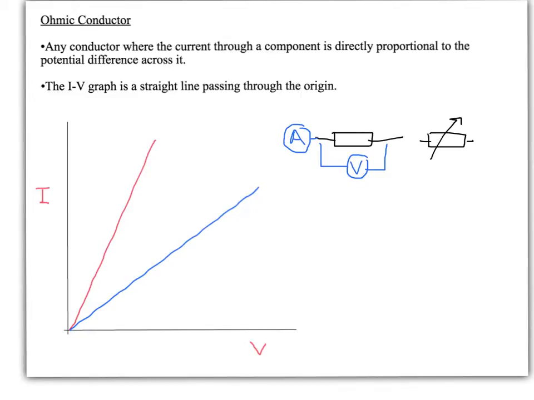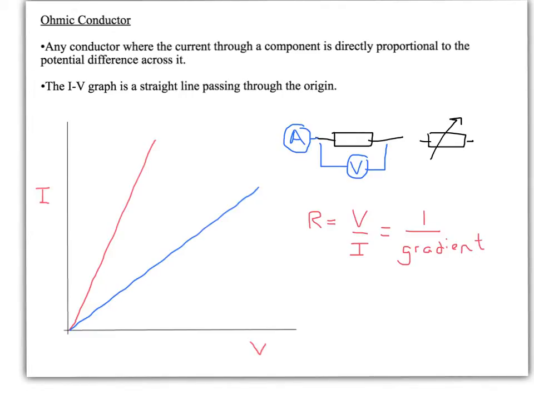And then it's about thinking, well, what does this graph show you? If we have a look at these two lines, we've got the red one and the blue one. If we look at Ohm's law, we can arrange it in the form where resistance is V over I. And if we look at our graph, the gradient of the graph would be I over V. So the resistance is 1 over the gradient of this graph.